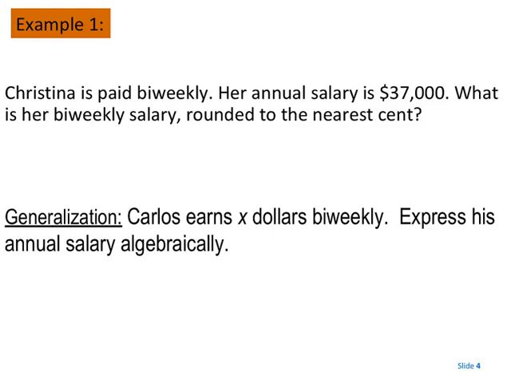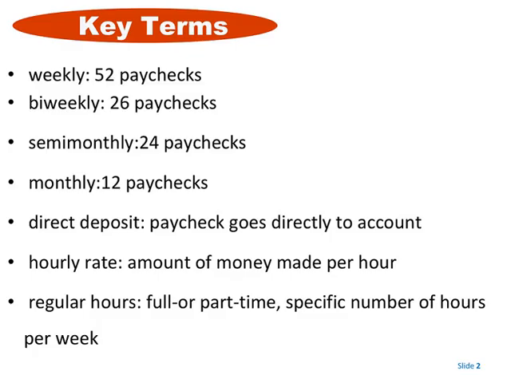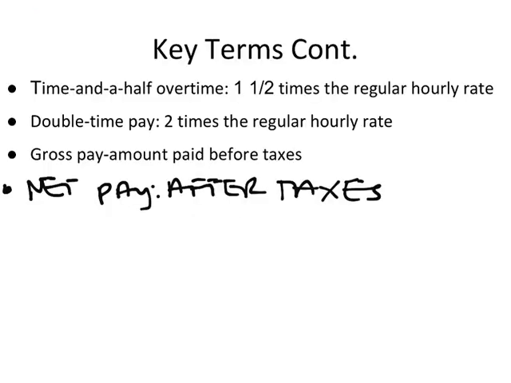All right, so let's go over some examples here. Christina is getting paid bi-weekly and her annual salary is $37,000. We want to figure out what her bi-weekly salary is going to be, and we're going to round to the nearest cent. If we look back, hopefully you guys wrote these down, bi-weekly she's getting paid 26 times in that 1 year.